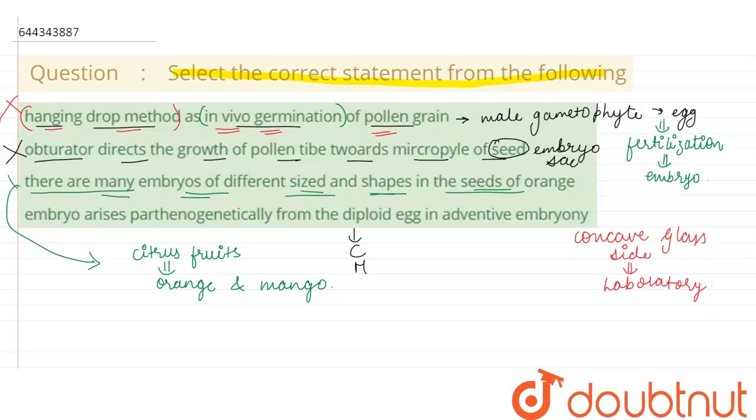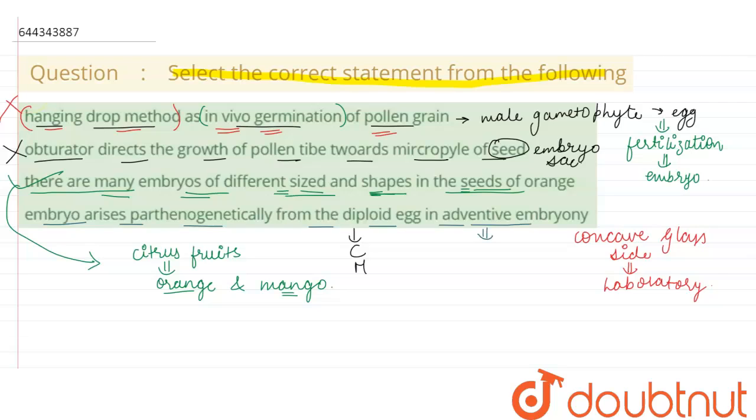So it would be our correct statement, because in orange and mango the embryos are of different sizes and shapes in seeds.